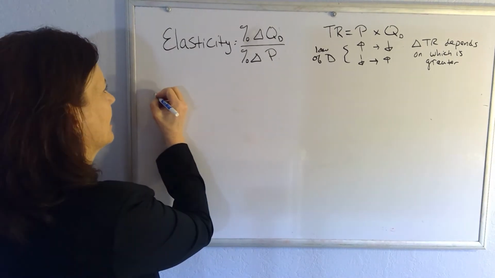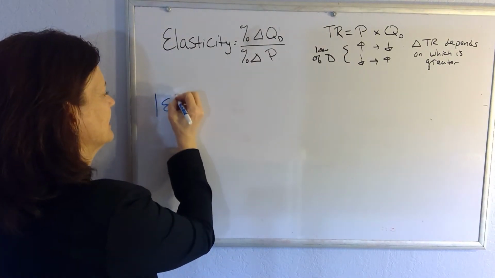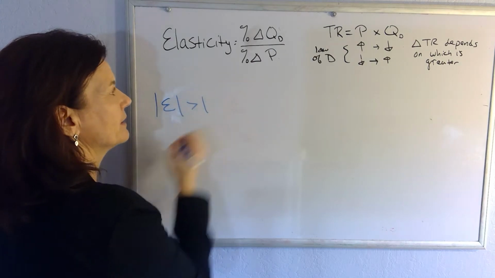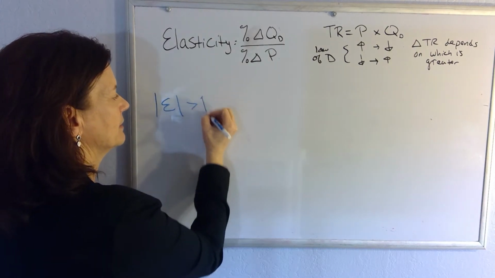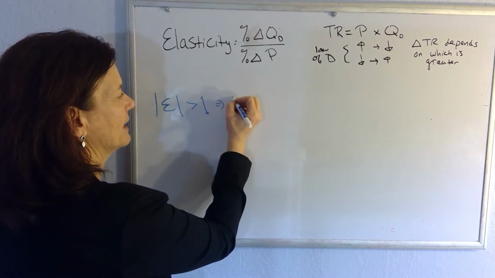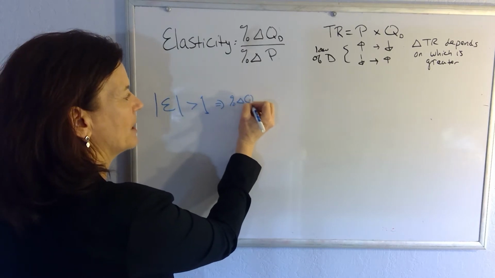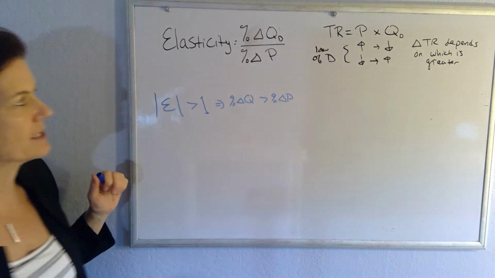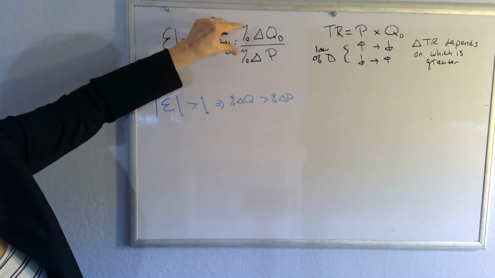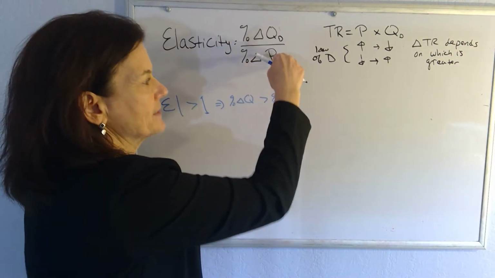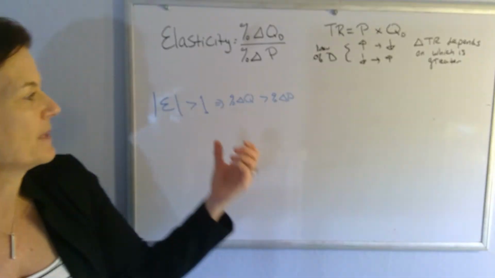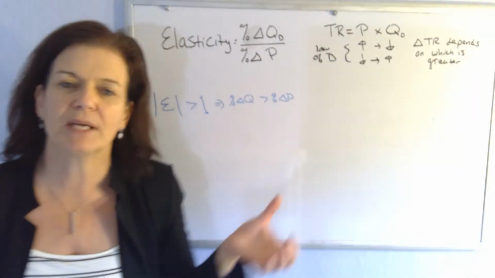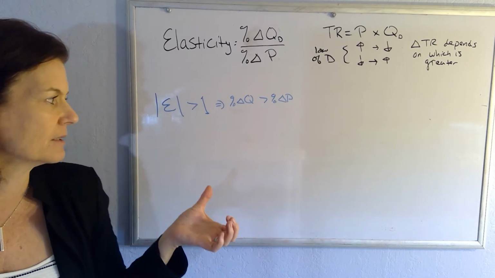So if the absolute value of elasticity is greater than 1, that would imply that the percent change in quantity is bigger than the percentage change in price. If this fraction is bigger than 1, it means the numerator is bigger than the denominator. It means what's happening to quantity is bigger than what's happening to price.